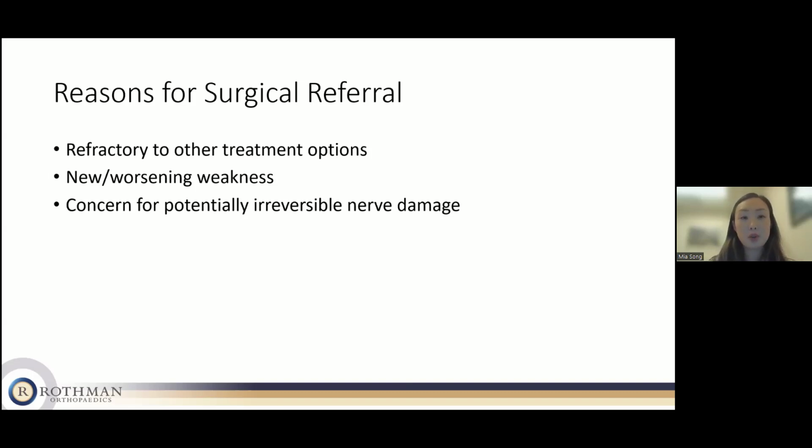Sometimes patients who have signs of nerve damage might be good candidates to see a surgeon so that you can be treated appropriately to potentially reverse or avoid permanent nerve damage. That can look like either weakness in your legs or loss of bowel or bladder control, which is again why we're so obsessed with asking about that. Because if patients are having new weakness, maybe new numbness, or especially bowel or bladder issues, those may be reasons to see a surgeon.